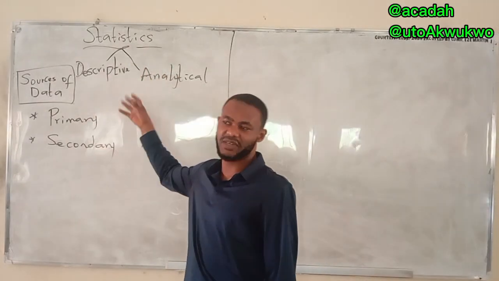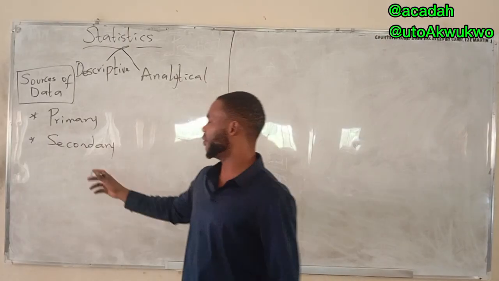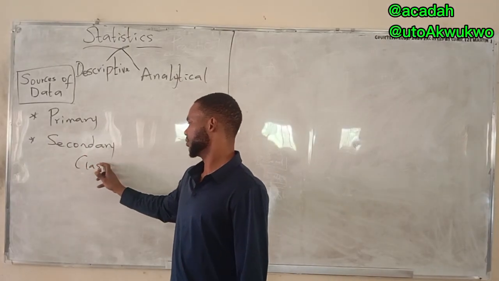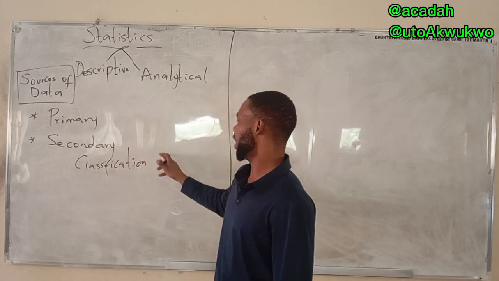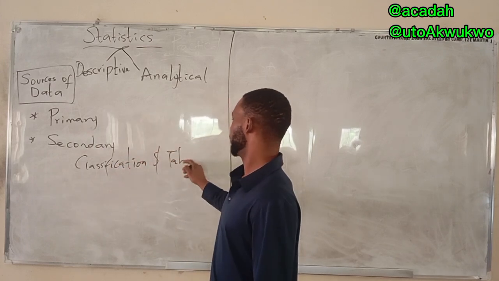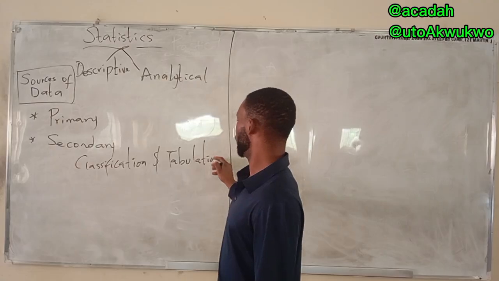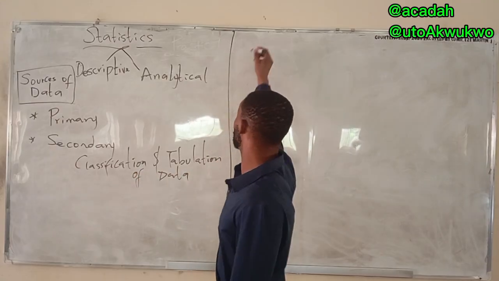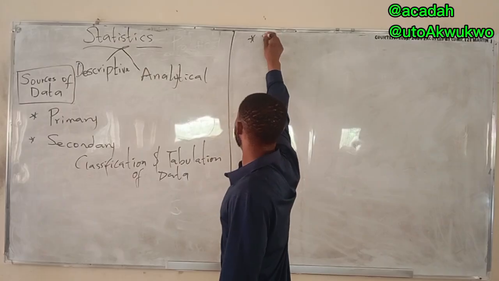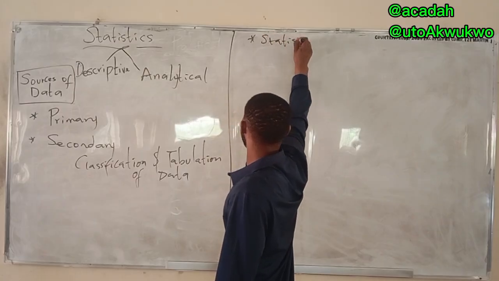This is not the main thing, but now we have what we call classification and tabulation of data. For your level, what we are treating is introduction to statistics, which is what we are doing now.